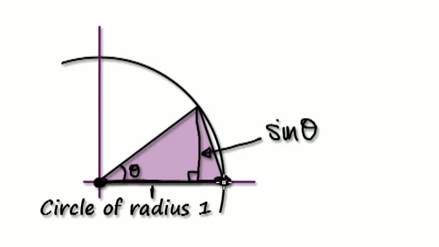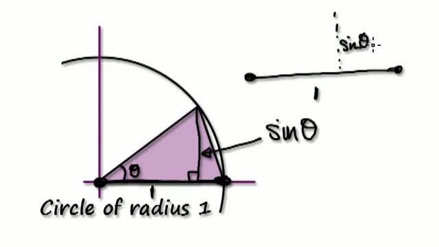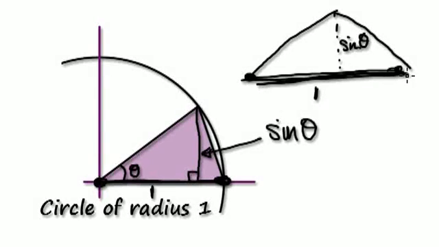The radius of the circle is 1. So we've got a triangle looking like this, where this length is 1 and the vertical height is sine theta. So all you have to do is get the base of the triangle, which is 1.